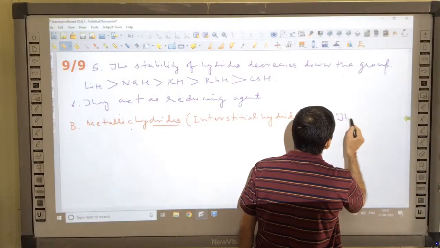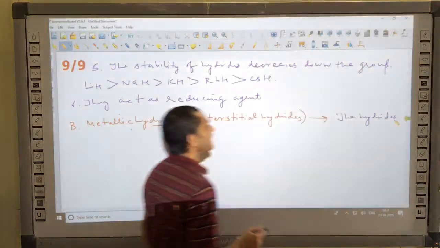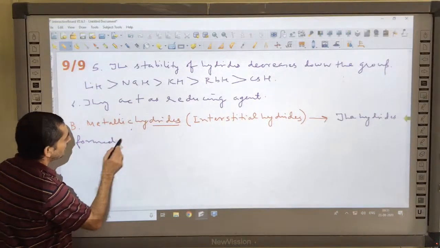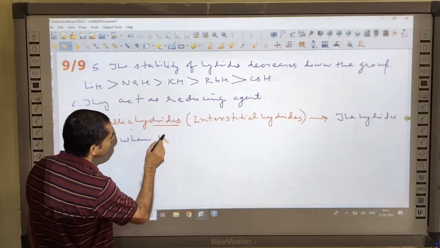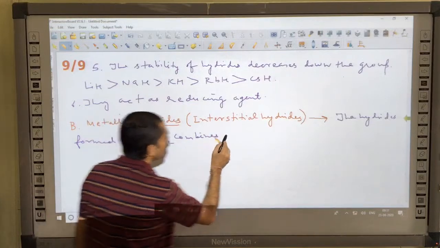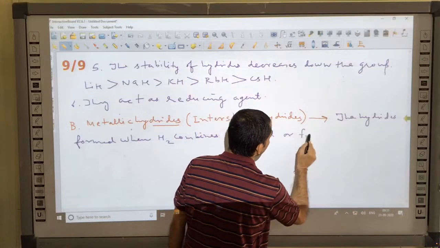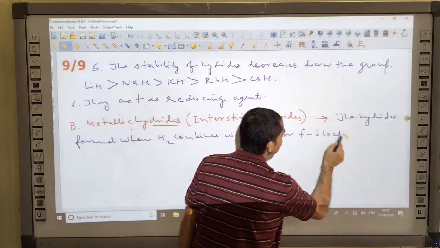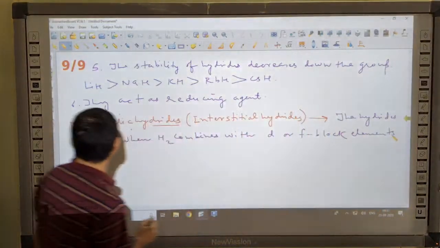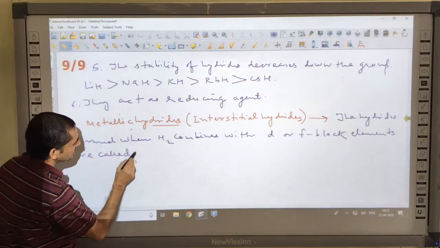The hydrides formed when hydrogen combines with D or F block elements are called metallic hydrides.